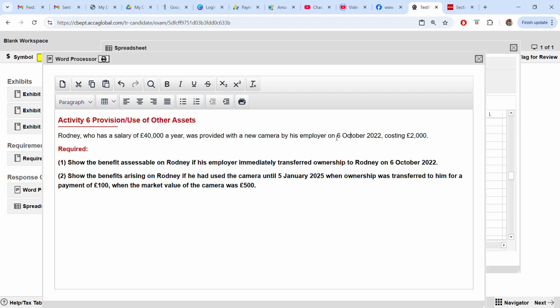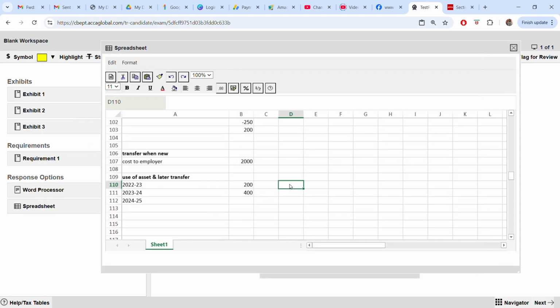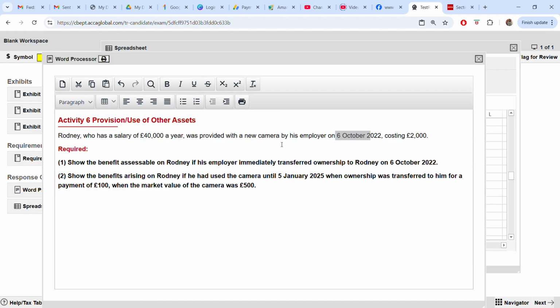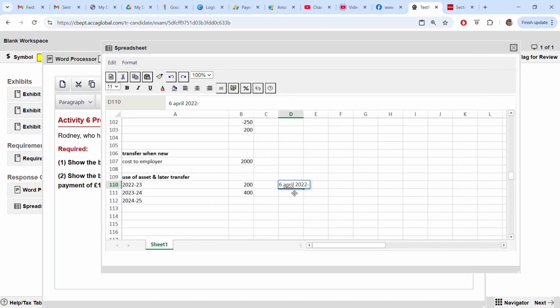See, here it is 6th October 2022 to 5th April 23.